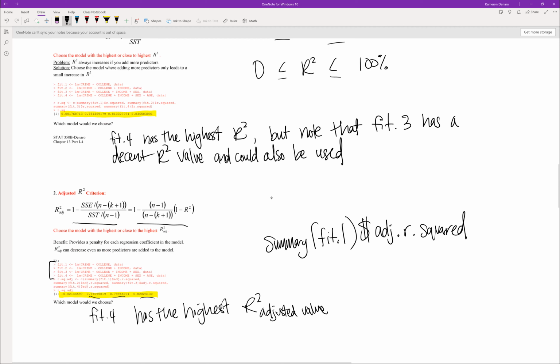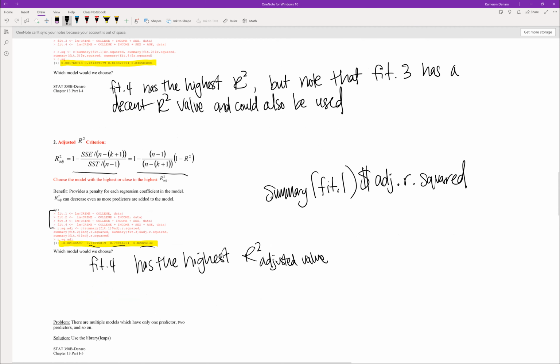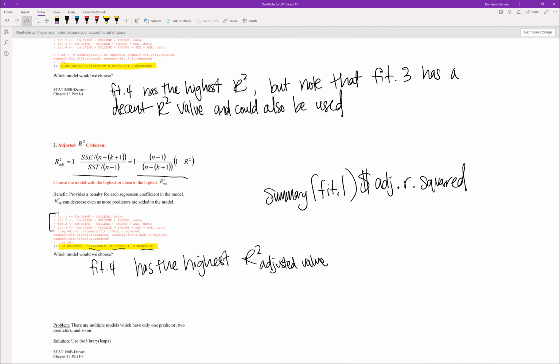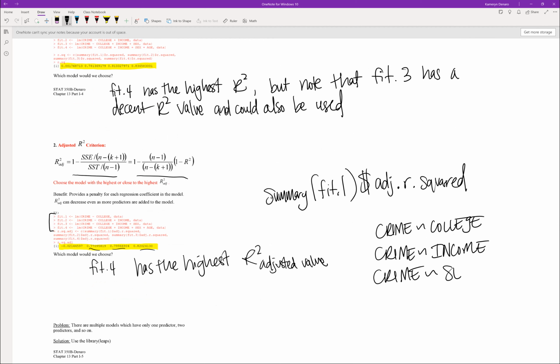All right. So overall, one thing to note is I only fit 4 models here, but really you could think of lots of different models, right? Because essentially crime could be regressed on college, crime could be regressed on income, crime could be regressed on sex, and crime could be regressed on age.